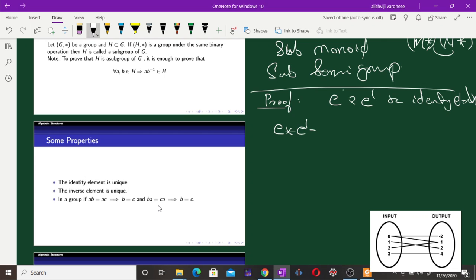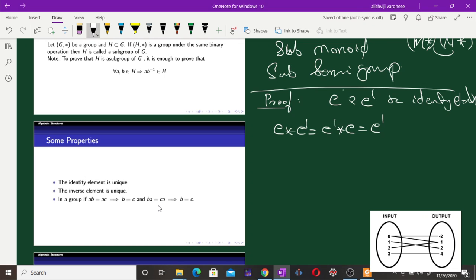star E dash is equal to E dash star E is equal to E dash, because E dash is an arbitrary element of the group and E is the identity element of the group.